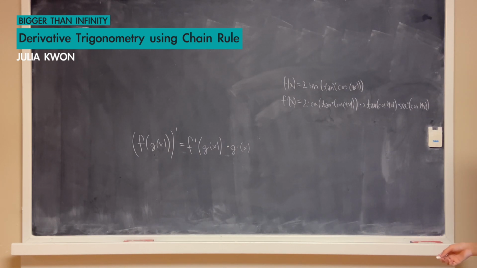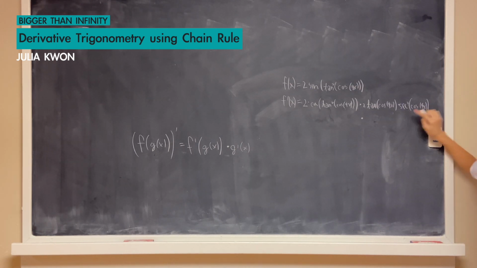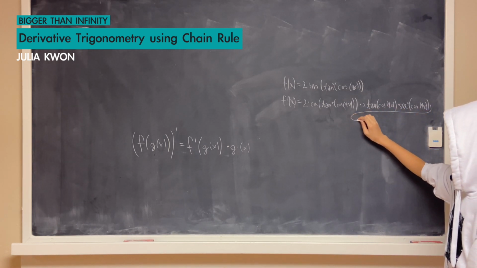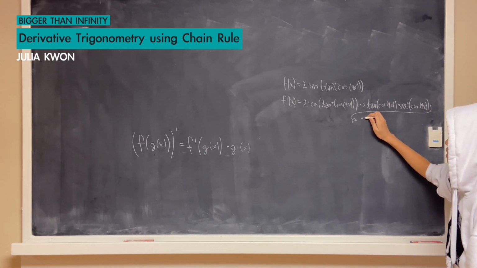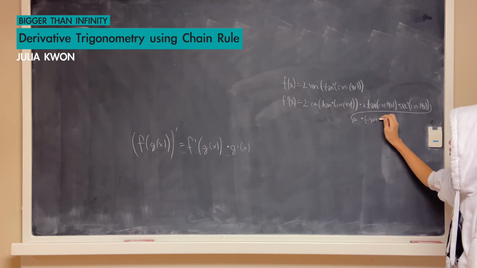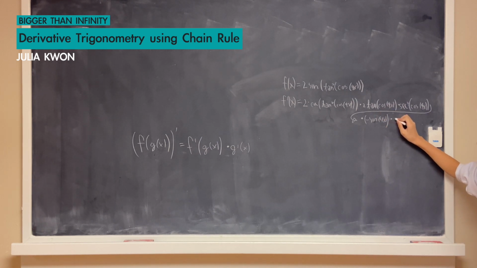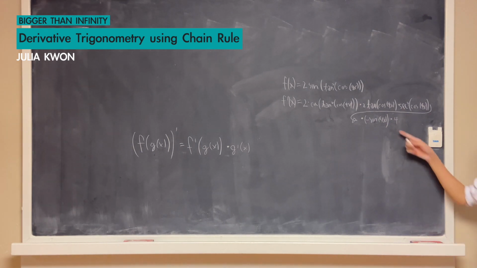We have run out of space, so I'll just continue on the bottom. So secant squared times the derivative of the cosine, which is negative sine of 4x, and then multiply this by 4 again using chain rule, since the derivative of 4x is just 4.